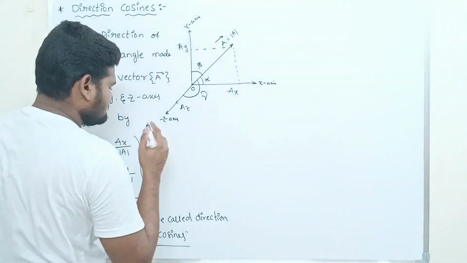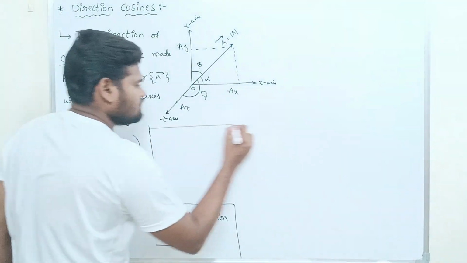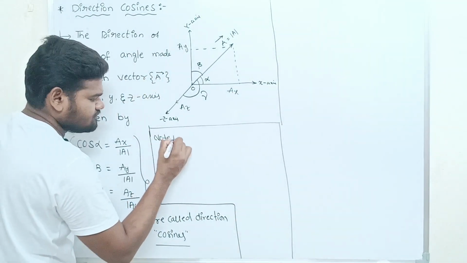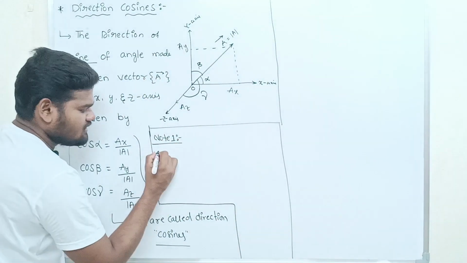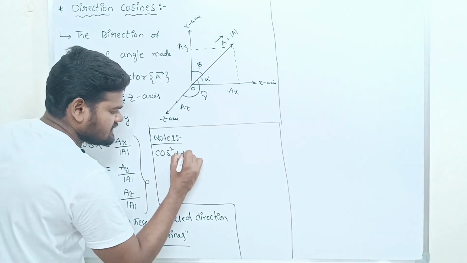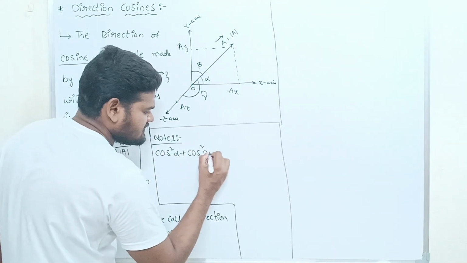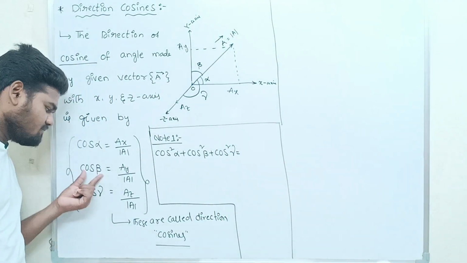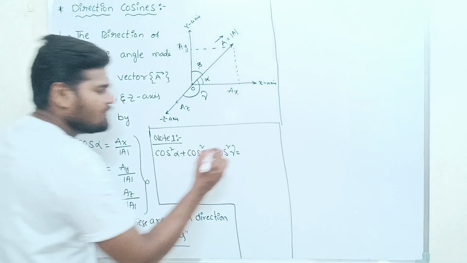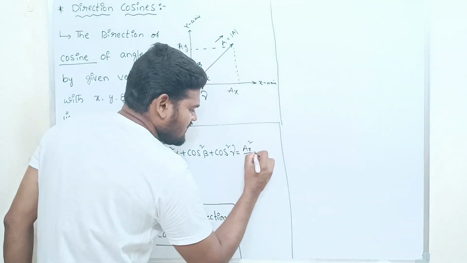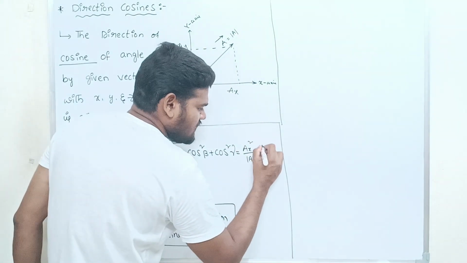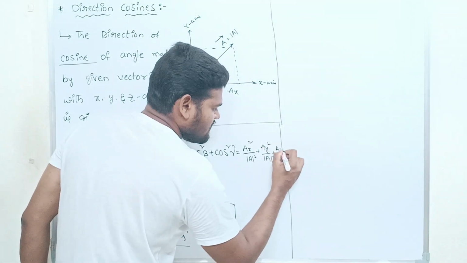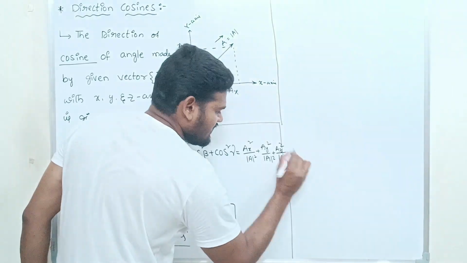Now writing the formulas. So the first formula, note number one. Have a look. Cos square alpha plus cos square beta plus cos square gamma is equal to Ax square divided by magnitude of a square plus Ay square divided by magnitude of a square plus Az square divided by magnitude of a square.